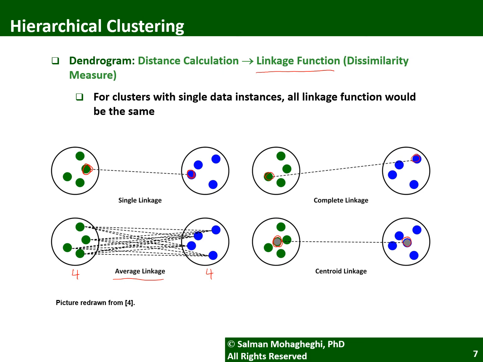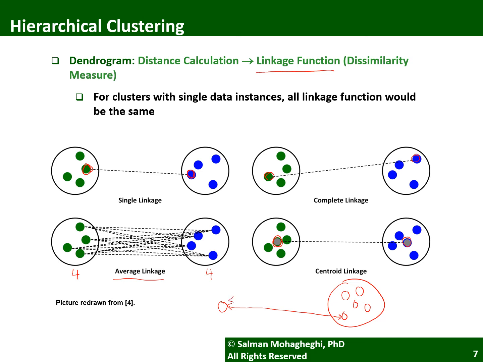And of course, in this diagram, I'm showing you two clusters. It could be a cluster and a data point. So for example, if this is one cluster consisting of 5 points and then an individual data point, the single linkage would be the distance between this guy and perhaps this guy, which is the shortest distance.